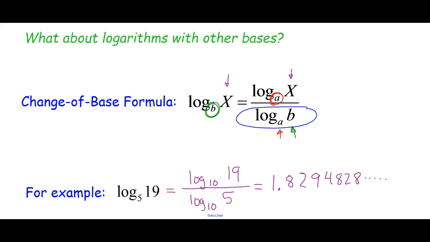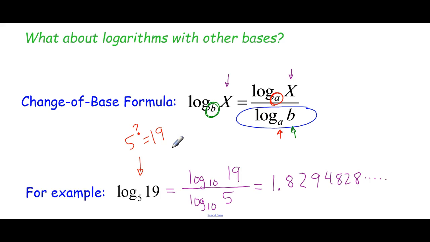You should also have some sort of rough instinct about how big the answer needs to be, because if you get one part of this backwards or press a button wrong or make some kind of a mistake, you are still expected to be able to check your answer at least with some common sense. So here's what you should be thinking about. Remember what logarithm actually used to mean when we were first studying it. It means 5 to some kind of exponent has to come out giving us an answer of 19.